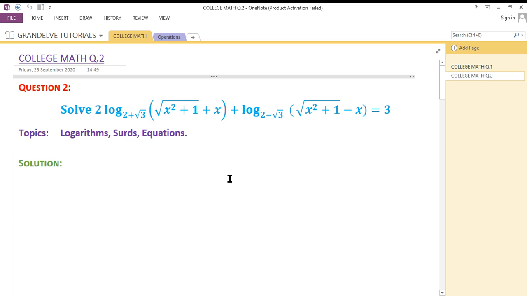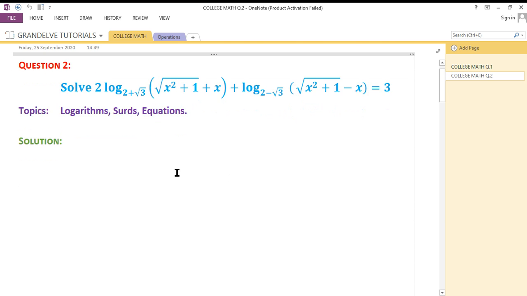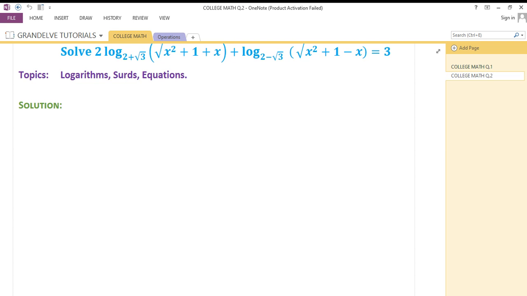So we are trying to see where we can make them the same in order that we apply the log rule. Now let's consider the first base, that's 2 plus square root of 3.